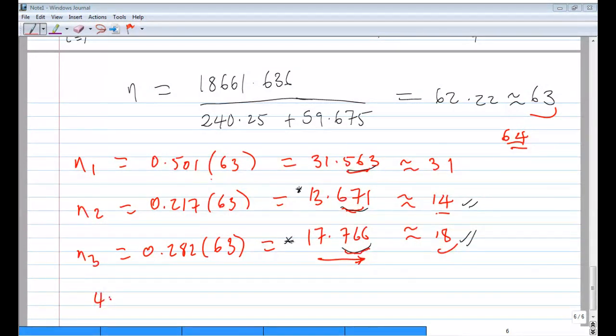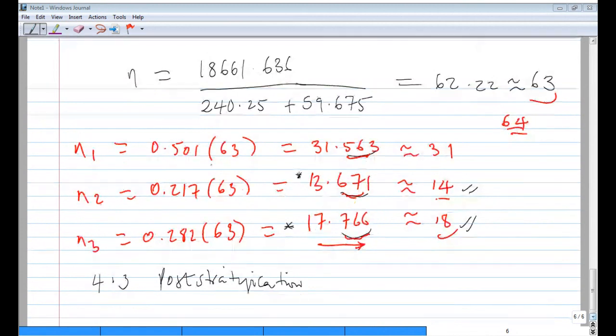It's written 4.3. Let me just use another color so that you can see it. We call it post stratification.